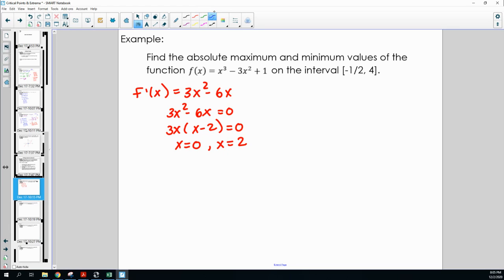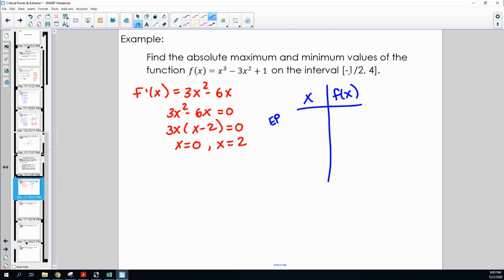So what I'm going to do now is make a chart of x and f of x, and I'm going to use my endpoints as well as my critical points. I like to label these. You don't really have to, but I like to put EP for endpoint.